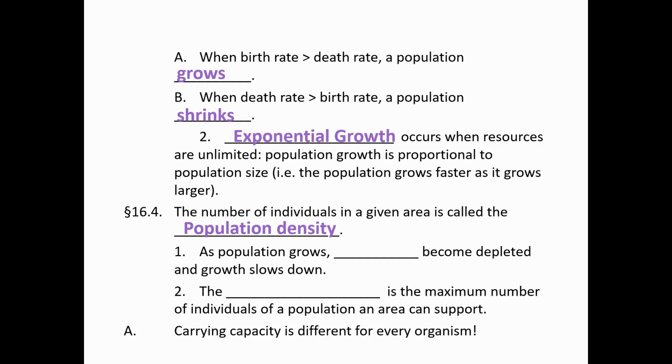And so what we see is that as populations grow, those resources start to become depleted and growth is forced to slow down. And so once we've reached that limit of the resources that are available, we say we've reached the carrying capacity, which is the maximum number of individuals of a population that a certain area can support.